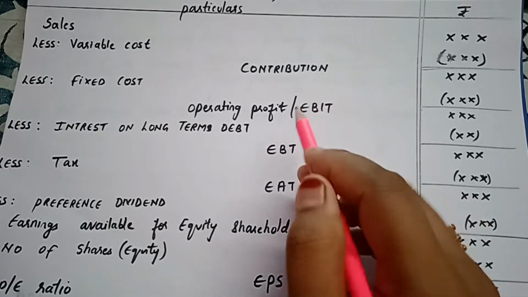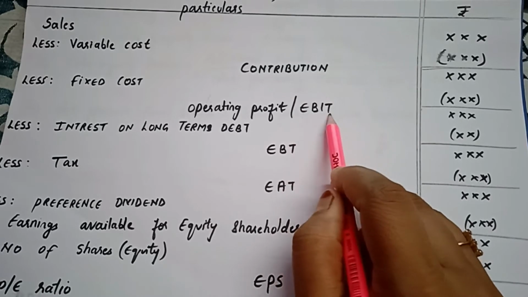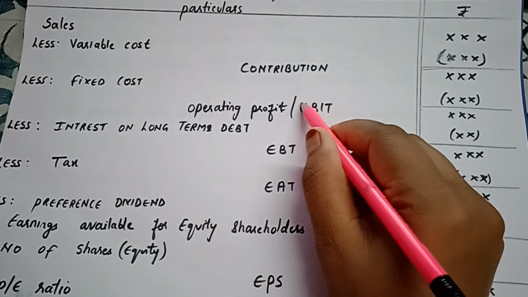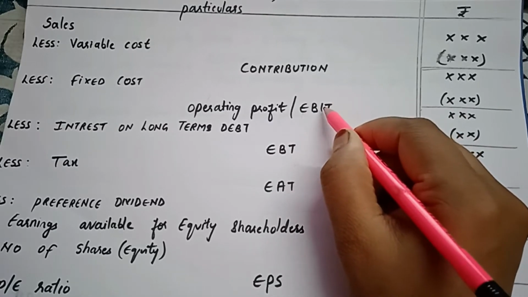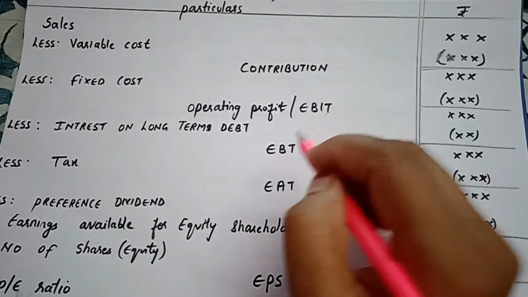You should get used to this word EBIT, earnings before interest and tax. From the name itself you can make out that these are earnings before interest and tax; you are yet to deduct interest and tax from this. Now let's go further.